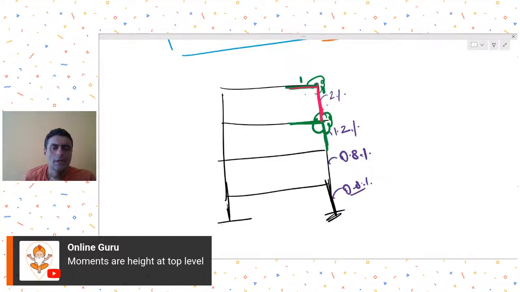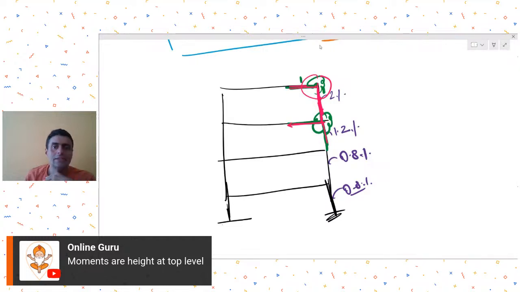Okay. So here the moment from the beam would be distributed to this column above and column below. But at this roof location, the moment from the beam will be distributed only to the column below. So number one is moments are higher at the upper level.